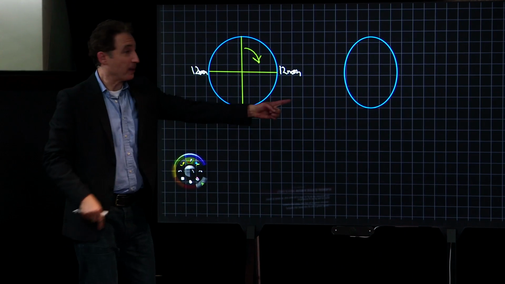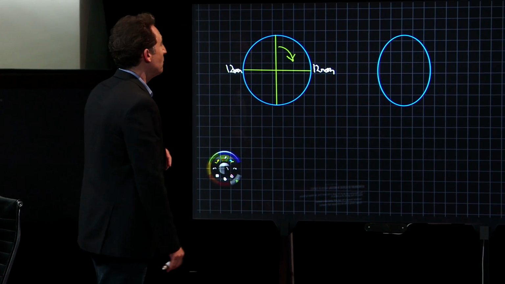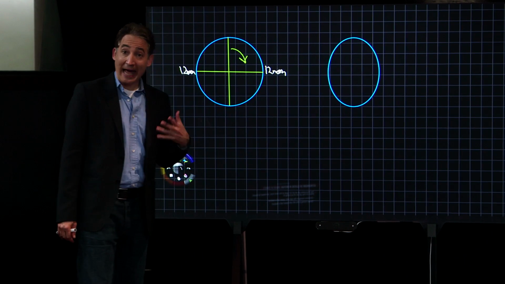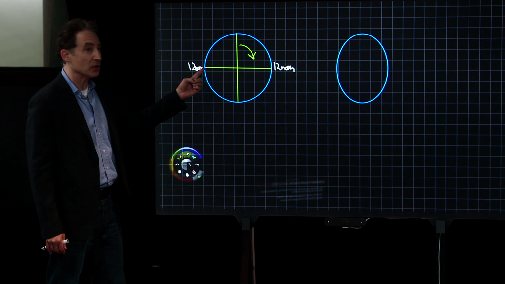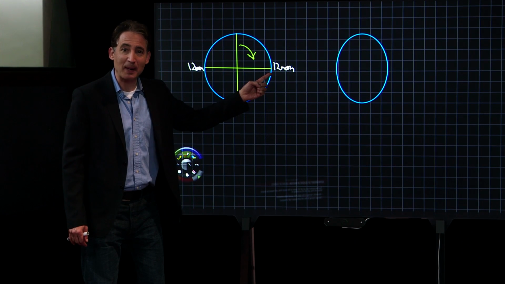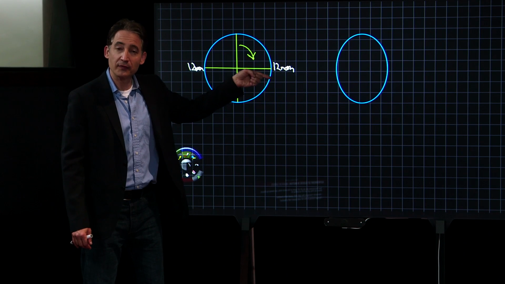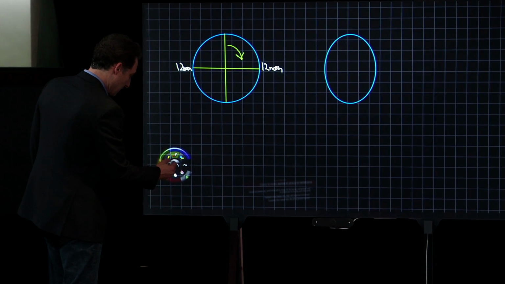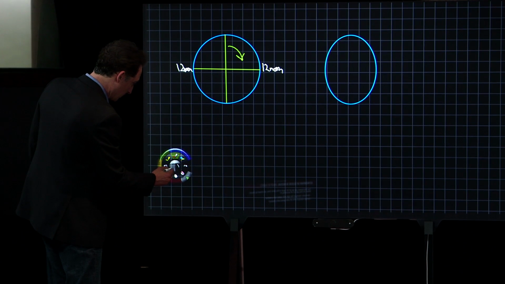From our perspective, as we're watching this go by, what do we say? Well, we say that the clocks that are in the front are lagging behind. So that means that the spoke reaches 12 noon here first, but the clock over here has not reached 12 noon yet. It's behind, which means that the spoke must not yet have made the full turn. So from our perspective, I'll draw a rough picture here, and I'll show you more precise ones in a moment.